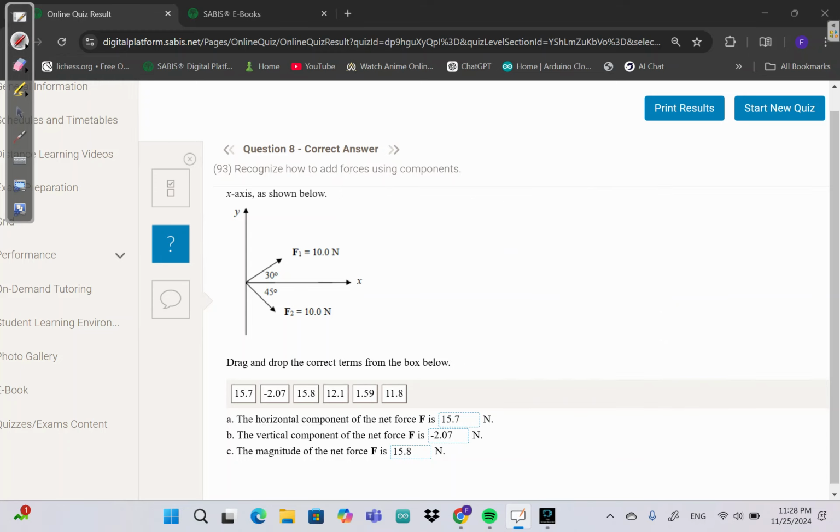Okay, for the second, we need the y component. We said the y component is equal to sine of the angle times the force. So here we have that the angle is 30 and the force is 10.